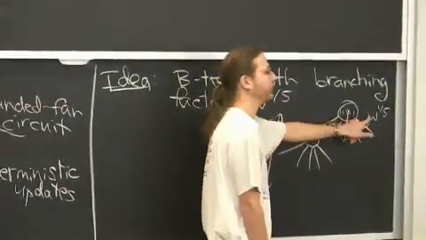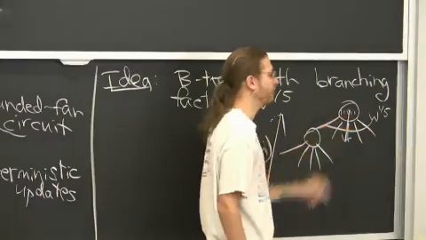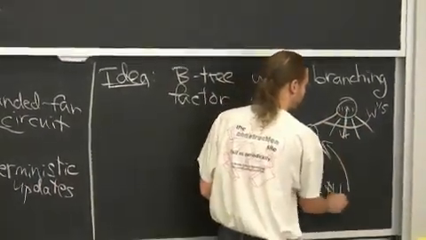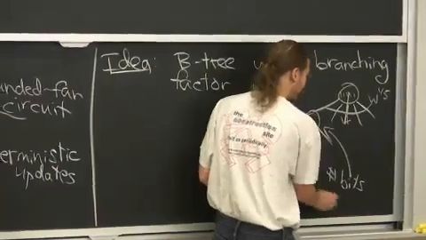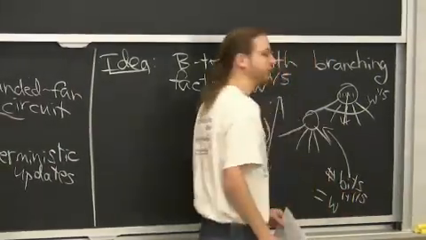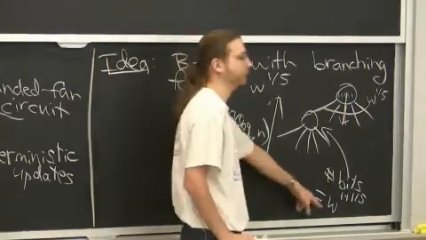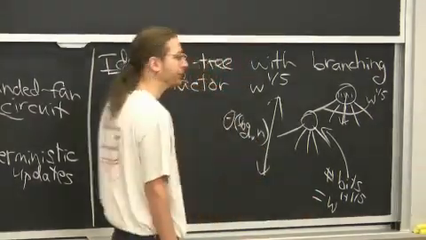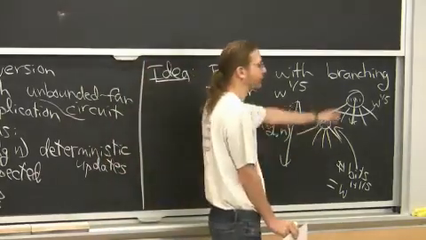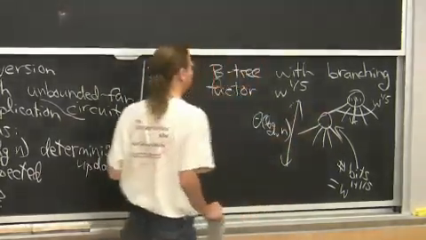There's W to the 1/5 of them. So the total number of bits in a node to store all those keys is W to the 1 plus 1/5, which is a lot. There's no way you can read all those bits in constant time. You can only read order W bits in constant time. So we can't look at them all. Somehow we still have to figure out which way to go correctly in constant time.